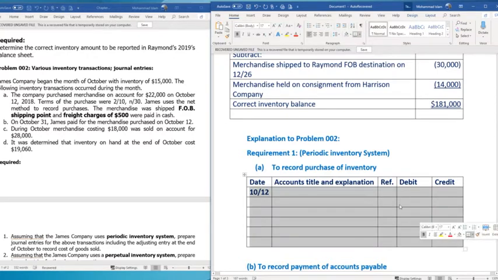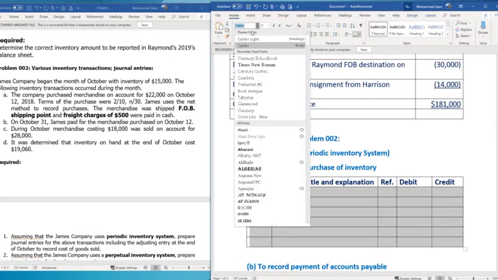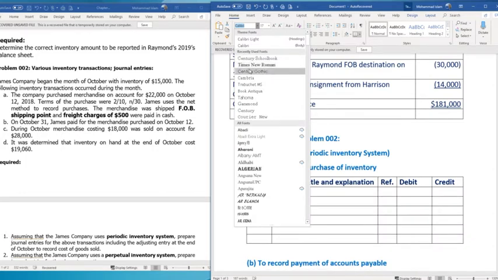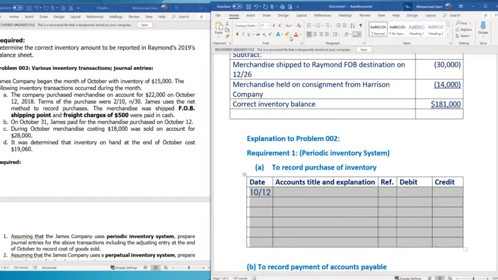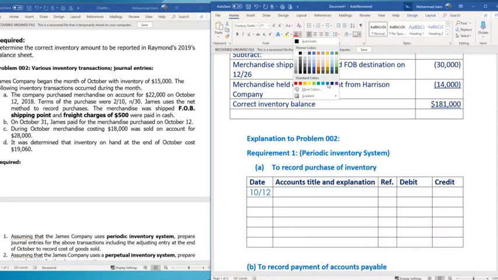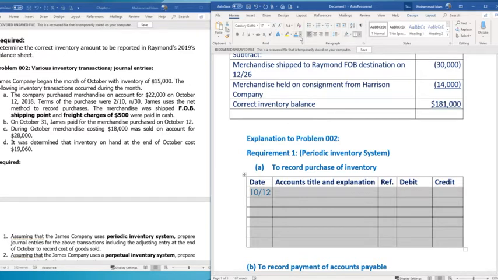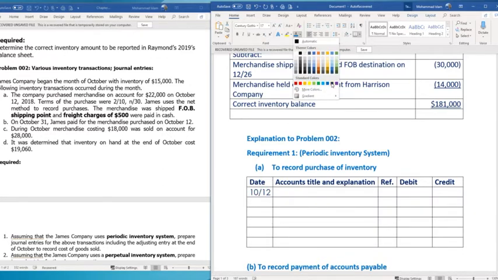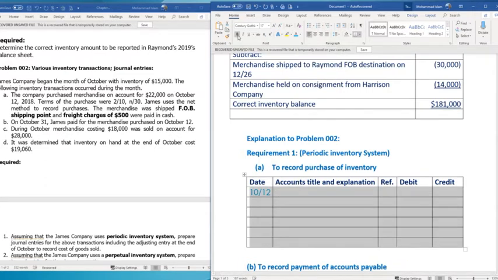Let me change the color of the font. Purchase debit.